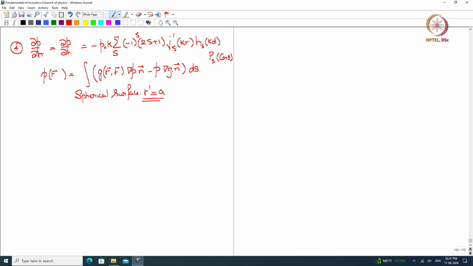Okay. So if I do that, let us see g del p, this term here. Okay. So g del p dot n, g is now minus, and the integral comes in 0 to 2 pi for phi, 0 to pi, okay, then ik summation j n of k r dash.